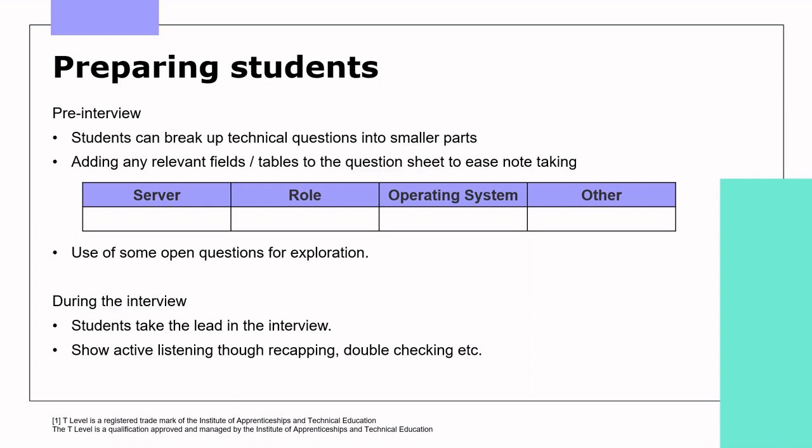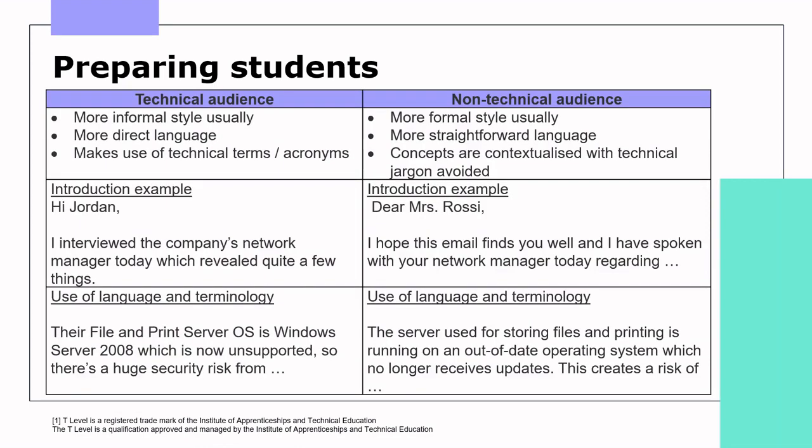For example, a student might say, "Can I confirm then, is that 3 servers in total, 1 domain, 1 VPN, and 1 file and print server, and they all have a Windows operating system, but not the same version?" Little summary recaps like this can be really useful for students, not only to demonstrate that active listening, but also ensure they have the relevant information needed and recorded correctly.